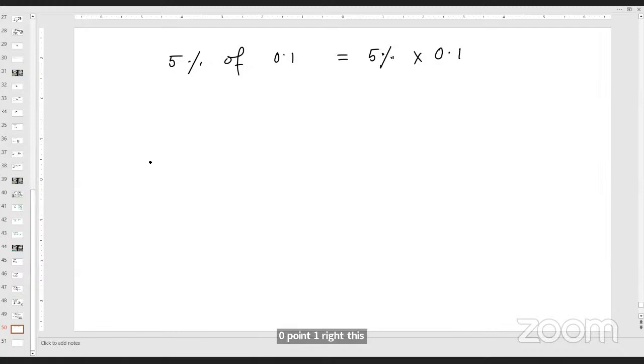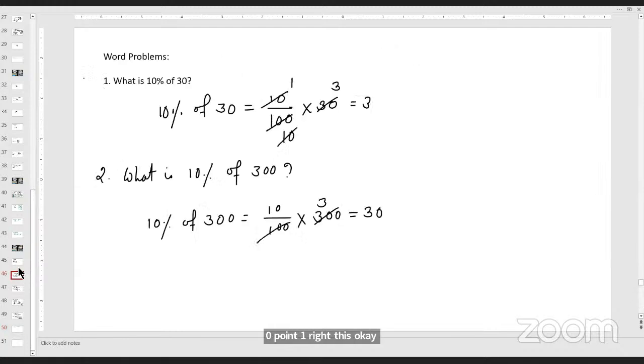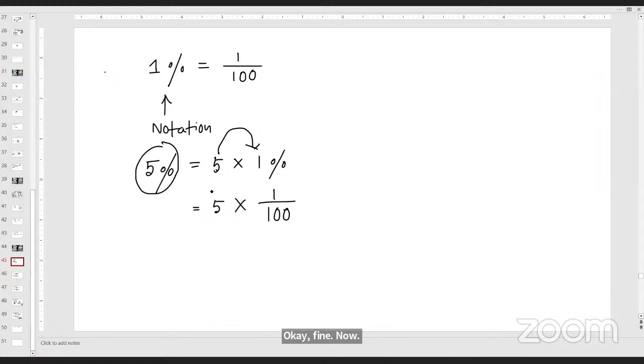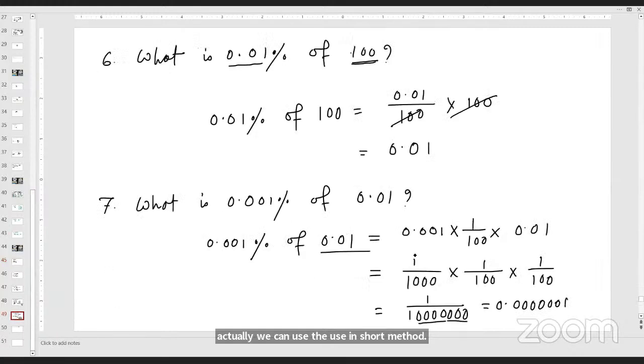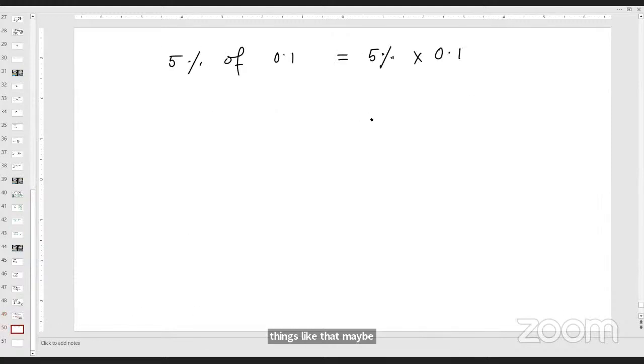Yes, okay. Now, a few minutes back, I told you that we always have to think of this, then we will not face any trouble. In cases we can use the short method, but with things like this, maybe we'll be in trouble, right? So in this case, we can write down 5 multiplied by 1% multiplied by 0.1.